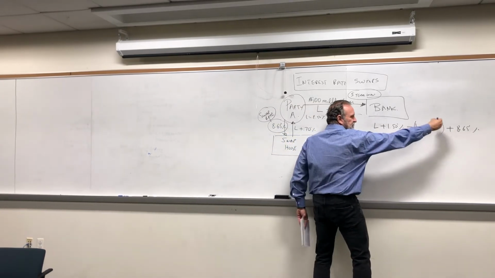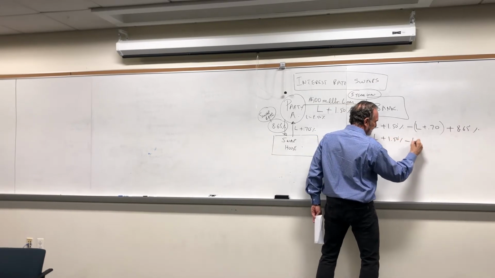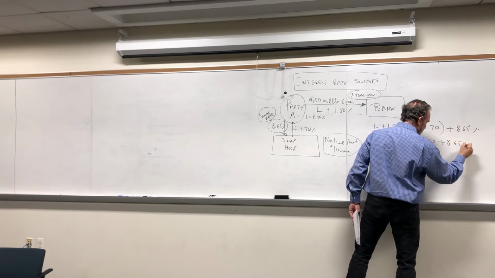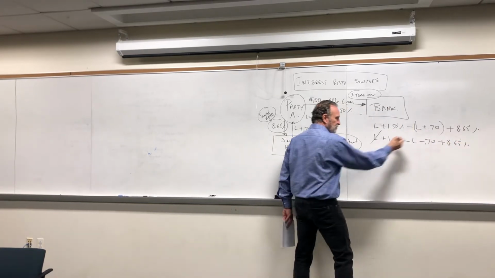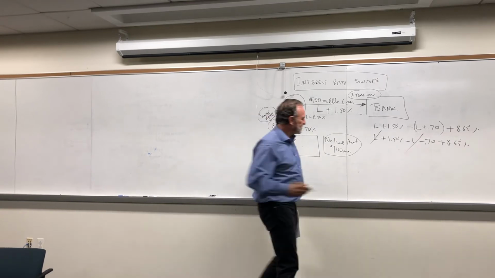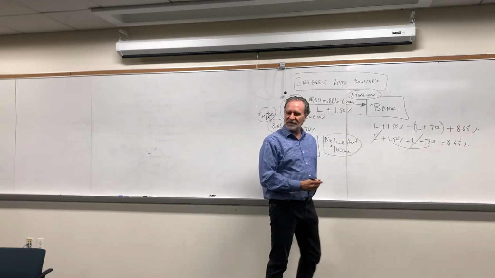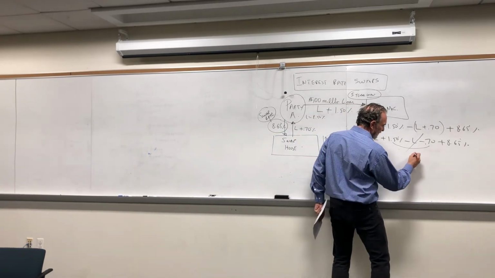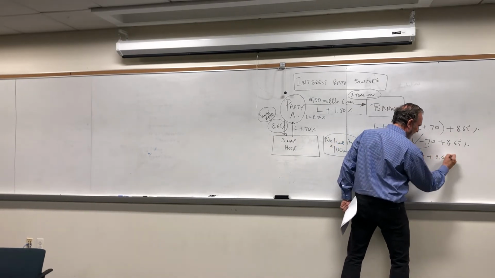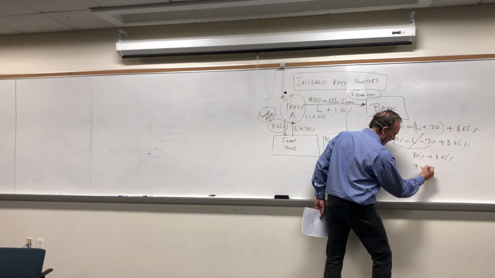Let me just take the parentheses out. LIBOR plus 150 minus LIBOR minus 0.70 plus 865. The LIBORs go away, so it offsets the floating rate. And if I do the calculation, 150 minus 1.70 is 0.80% plus 865. So they're going to be paying a fixed 945.